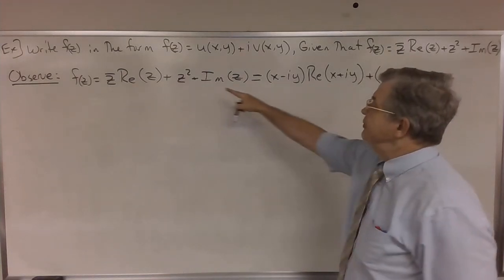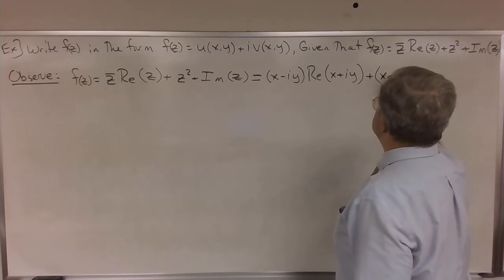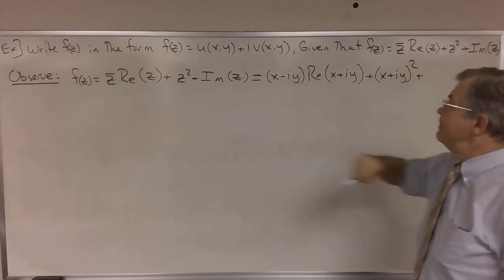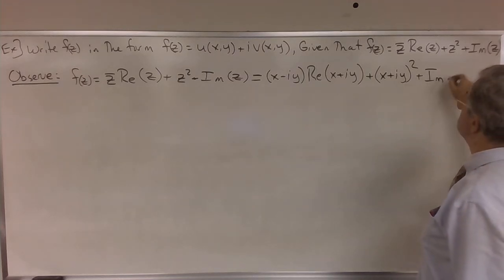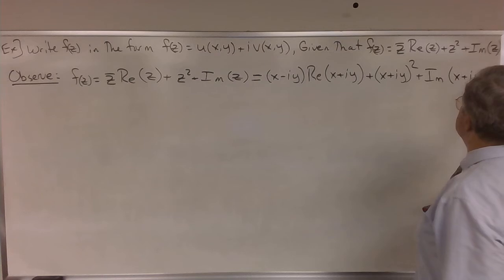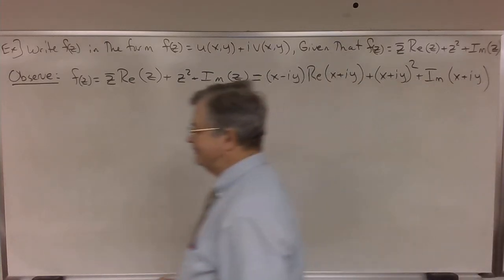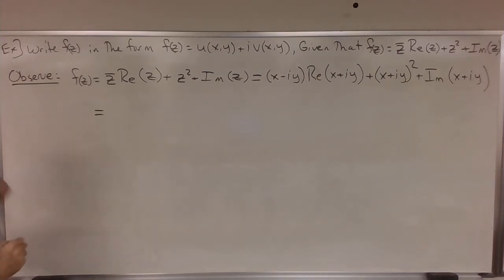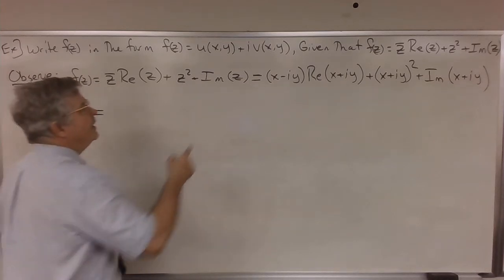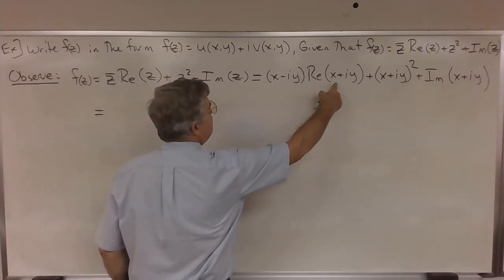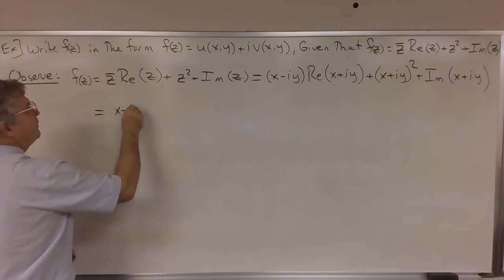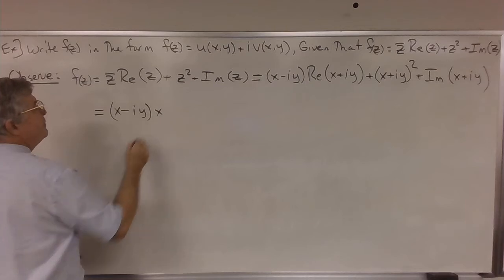And then we have z squared, where z is x plus iy. And then we have the imaginary part of z. The real part of x plus iy is just x. So we have x minus iy times x.